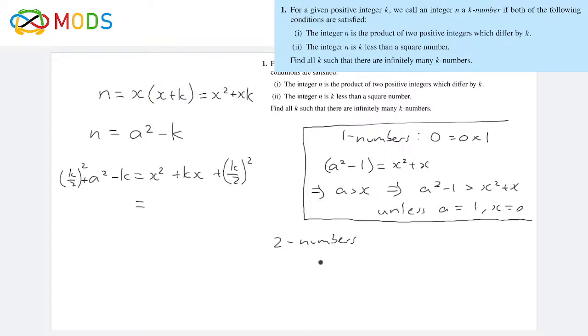I'll write it down. So if k equals 2, you get a squared minus 1 equals x plus 1 squared. And clearly there's only finitely many solutions. Oh, right. Yeah. So this practically has no solutions as well.